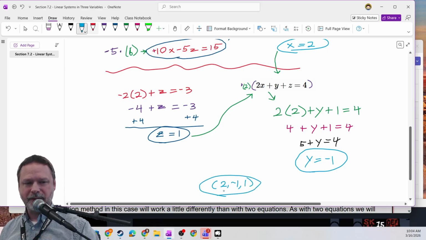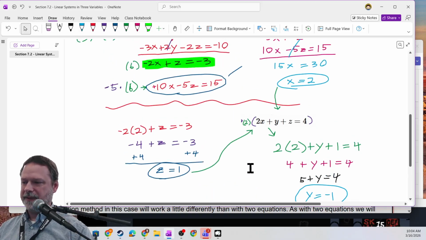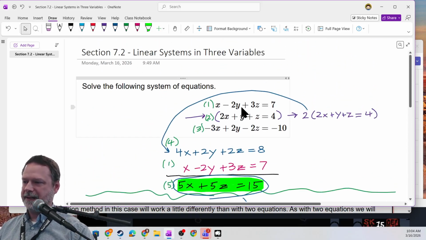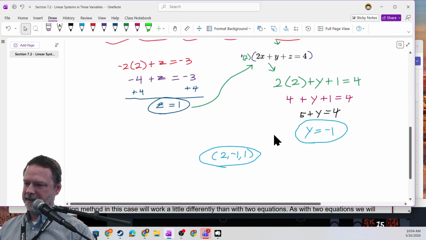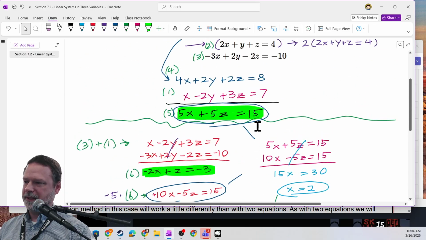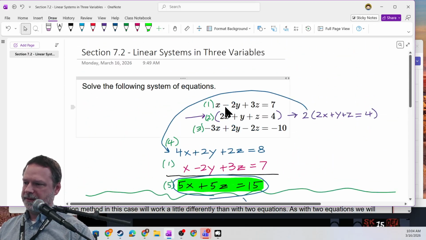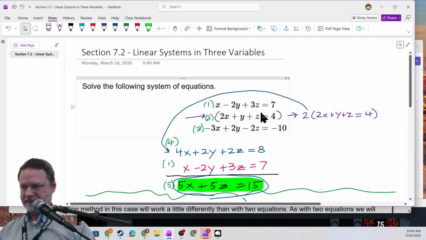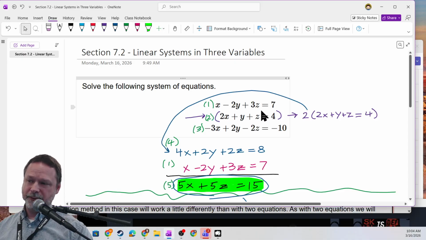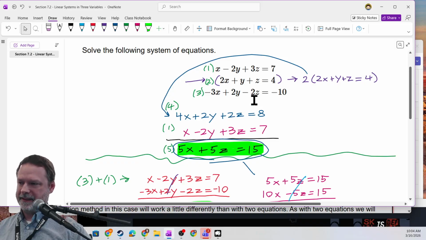And if we want to double check and be really careful, we plug it into each one of these to make sure it works for all of them. So 2, negative 1, 1. 2, negative 1, so that'd be 2 plus 2 is 4. And then 1, that would make this 3. 4 plus 3 is 7. It definitely works for the first equation. It works for the second one because that's the one we used. Be quick and easy to see if it works for the third.